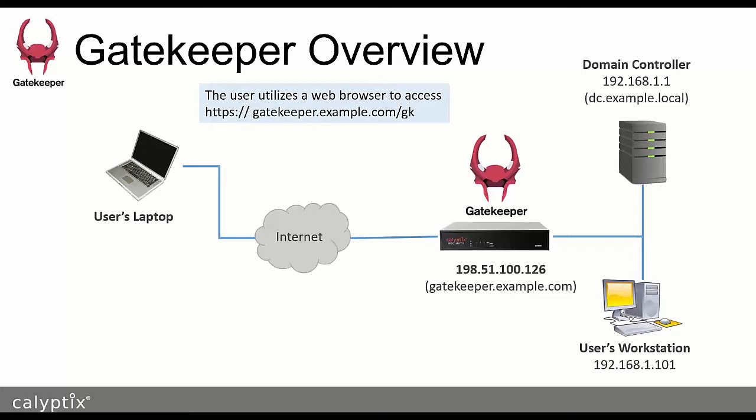And so what Gatekeeper does, it's a much more focused access control tool. So not only does it allow you to get a specific user, a specific access, and for instance, with the RDP client, you're only allowing that RDP connection to a remote workstation. So now you're not exposing the RDP port at all to the public.